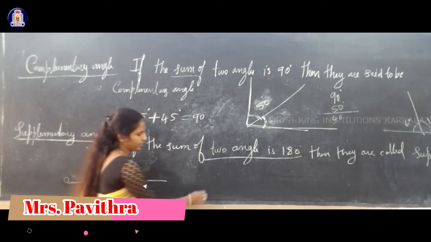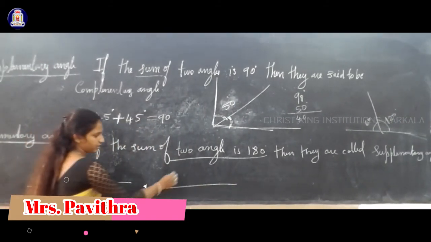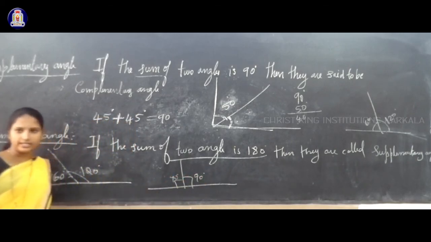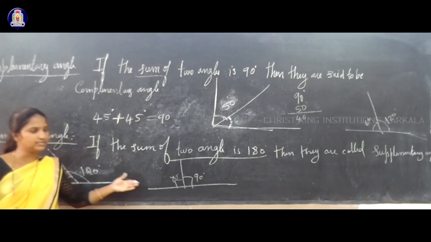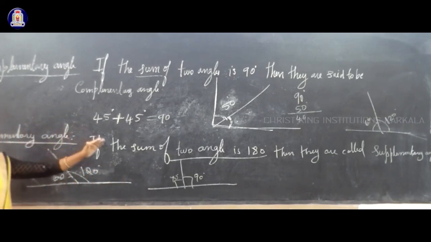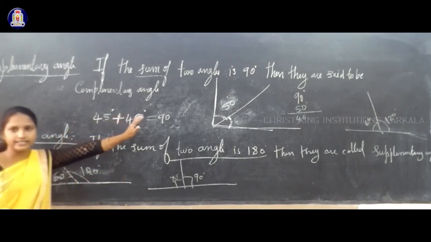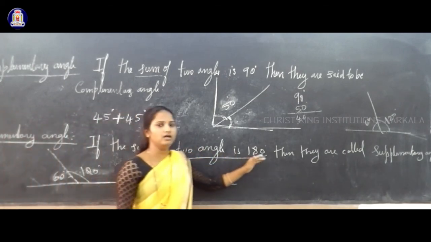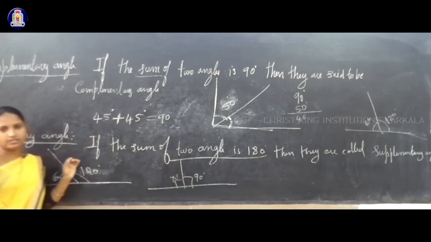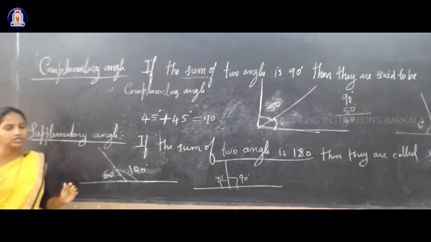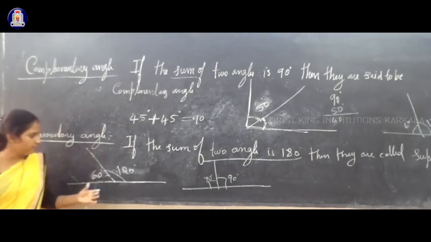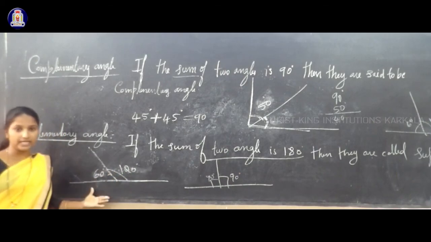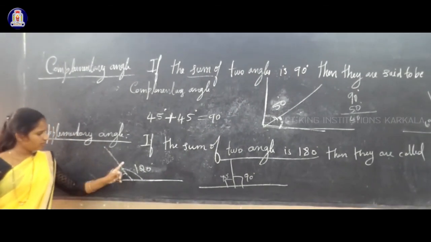Clear? So this is a straight line. If you consider 90 degree plus 90 degree, that is also 180 degree, right? So these angles are called supplementary angles. Complementary angle means the sum of the measures of two angles is 90 degree, and supplementary means the sum of two angles is 180 degree. Sometimes if they ask to find the supplementary angle of 120 degree, from 180 you have to subtract 120.